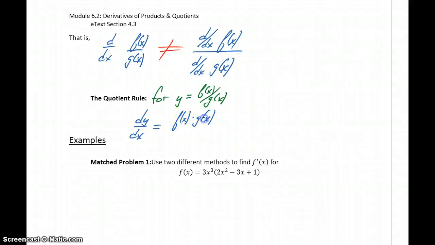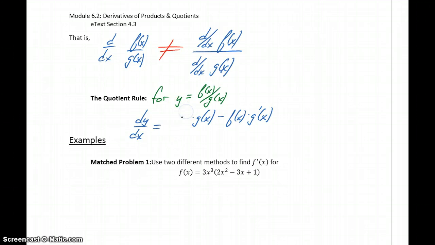So the first function times the second function. In this case, it's going to be minus the first function times the second function. So far very similar to the product rule, except that this sign changed to a negative. In the first term, we'll take the derivative of the first function. And then in the second term, we'll be taking the derivative of the second function.